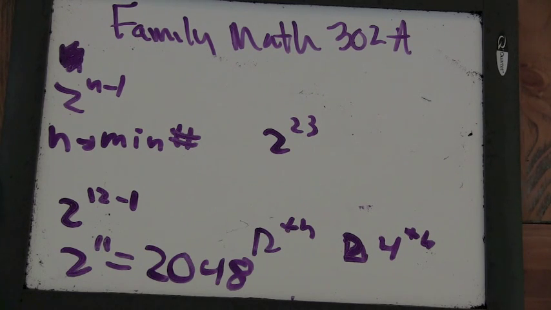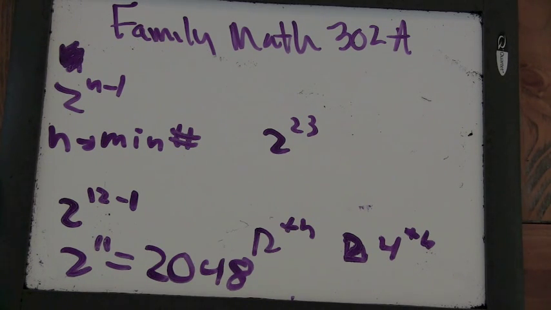Yeah. 2 to the 20th is 2 to the 10th times 2 to the 10th. Okay. So then we just do 1,000 times 1,000, which is a million. Yeah. So 2 to the 20th is around a million. So then it would be times 8, so that would be around 8 million leaves.